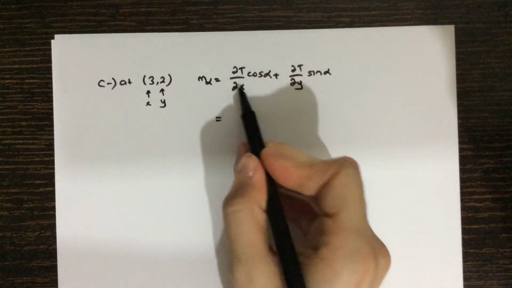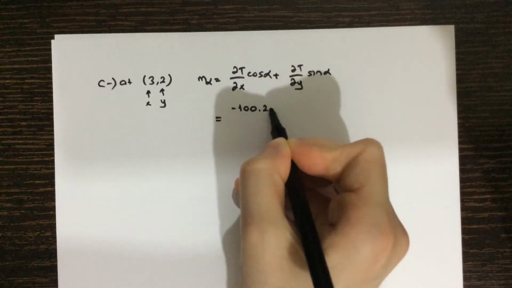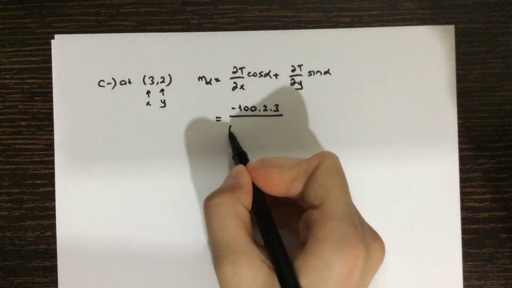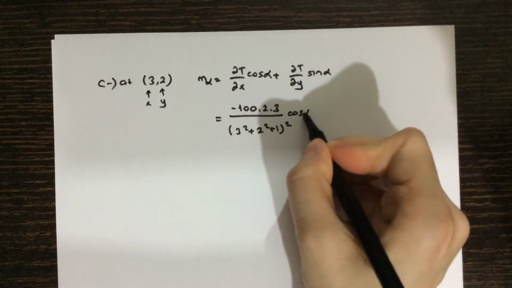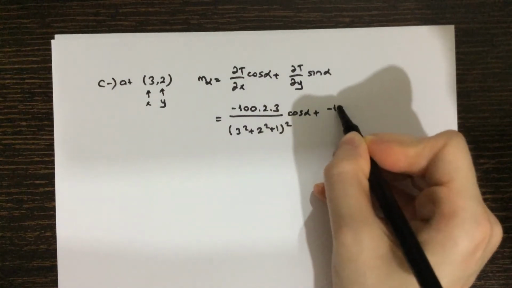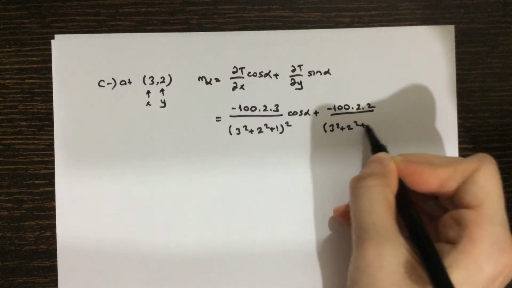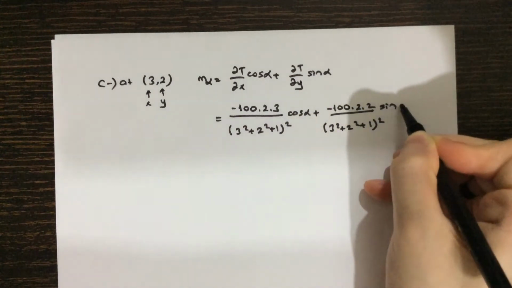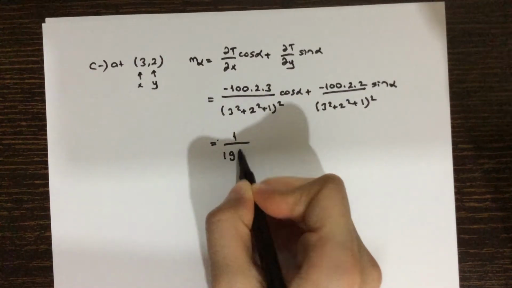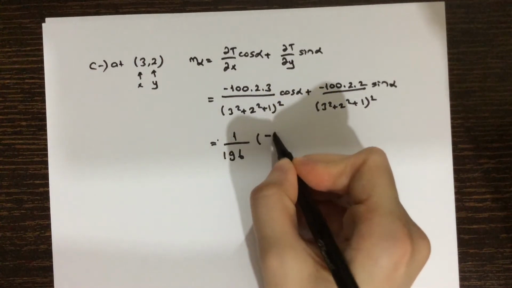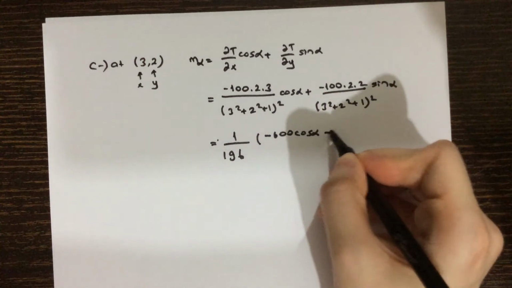So we just want this and this from the question of A. So I'm just going to write it. Sin alpha. So here we get minus.